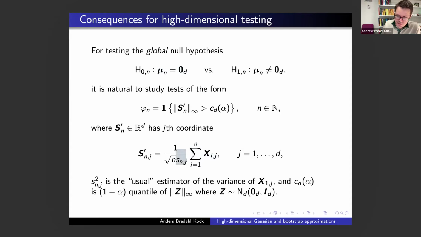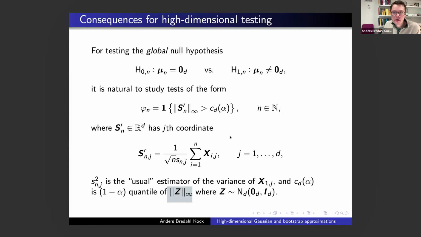Snj is just the usual variance estimator, that is the sum of xi minus xi bar squared for each coordinate. And C_d(alpha) is the 1 minus alpha quantile of the maximum of a Gaussian. So this is a natural sequence of tests to study.